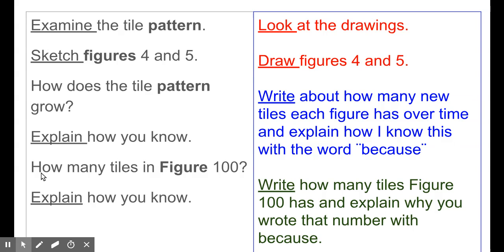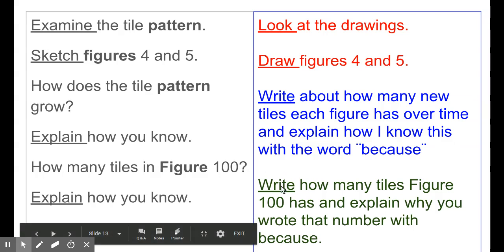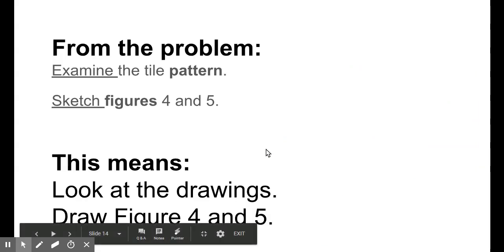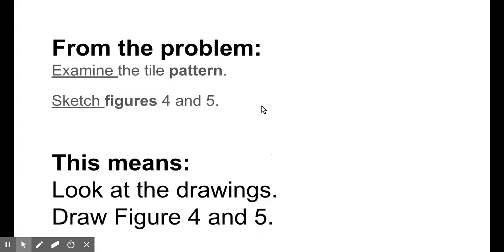And of course, then there's this question, how many tiles are there in figure 100? And explain how you know. This really means write how many tiles figure 100 would have, and explain how you got that number using the word because. So, as you can see, why do we do this strategy? Because it's a lot easier for you to understand a concept if you own it.